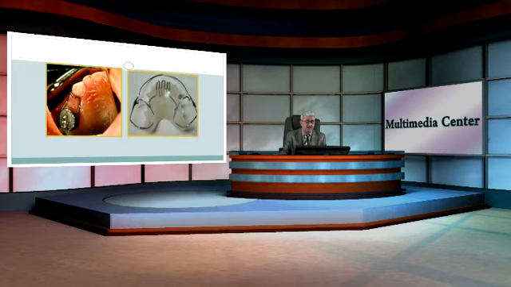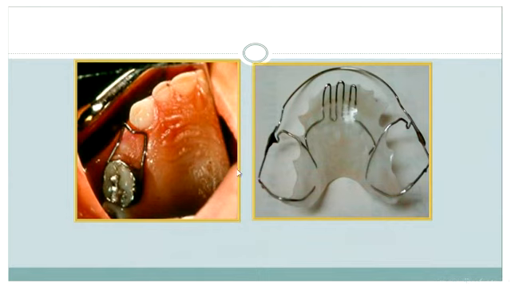type of passive appliance. Here in this picture we can see two different styles. A space maintainer is used to prevent mesial drift or movement of the molar in this area, in order to give sufficient space for the unerupted teeth.